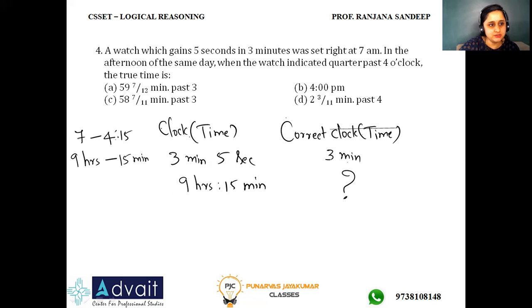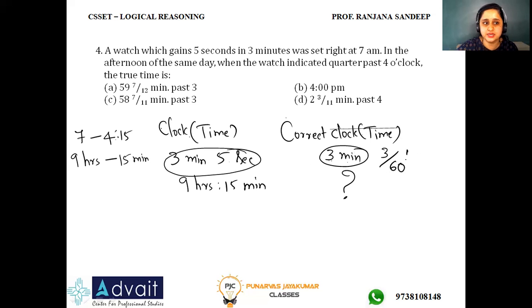See, let us convert everything to hours, because here we have it in terms of hours and minutes, right? See, when I say 3 minutes, it is 3 by 60 hours, correct?